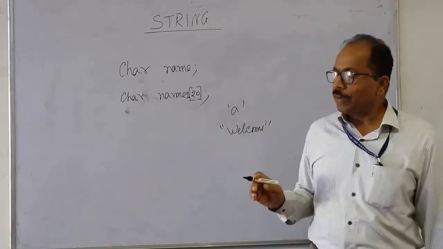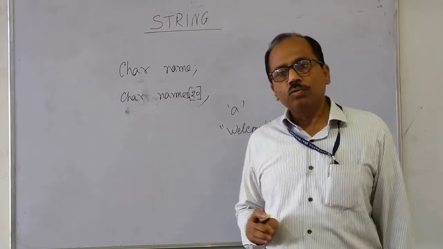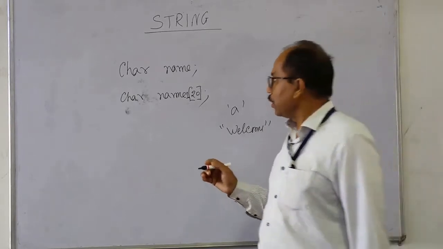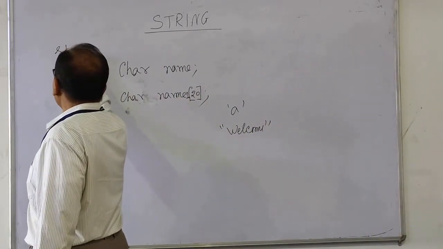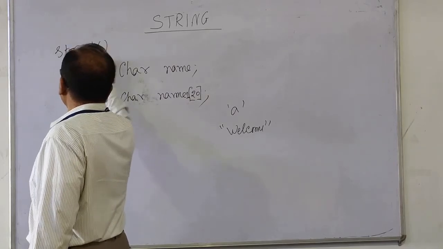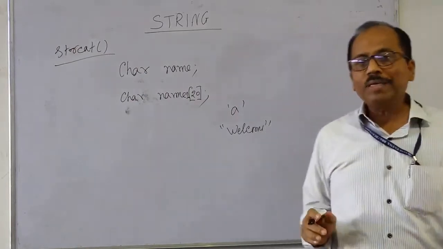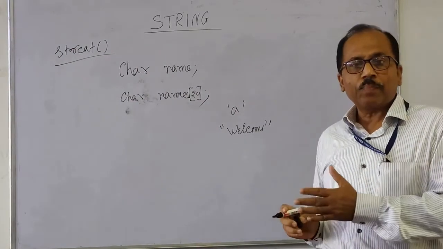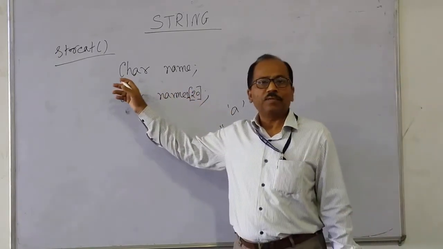Now a few functions are available which are used frequently for string work. Number one is the strcat function. This is a function which is used to append one string behind another string. To join one string behind another, we use the strcat function.